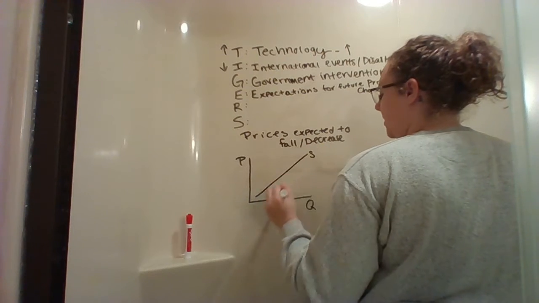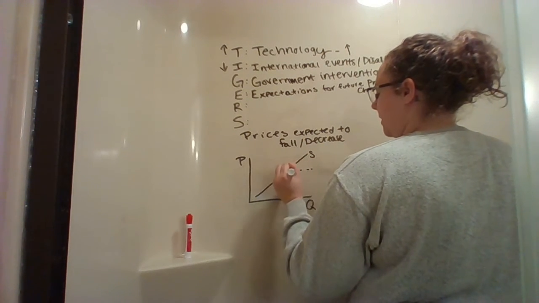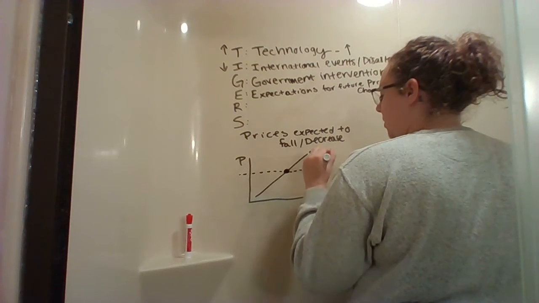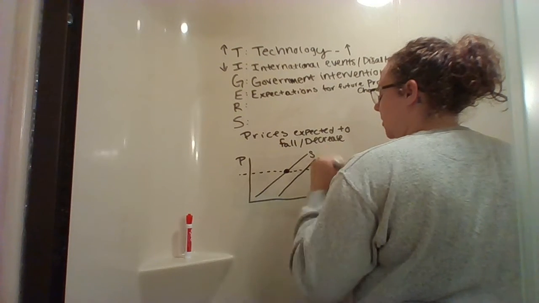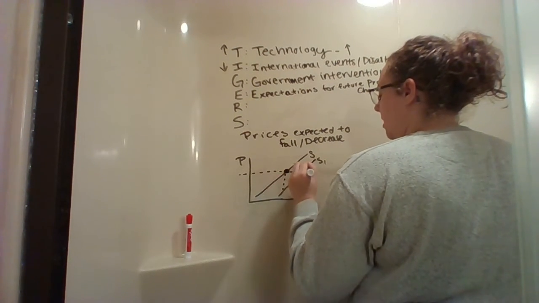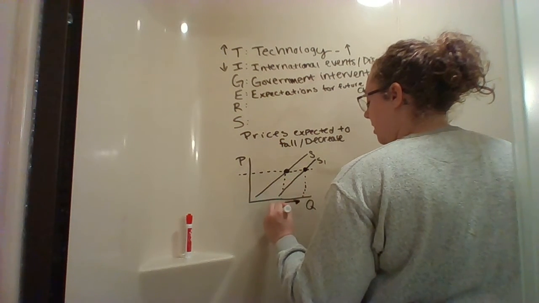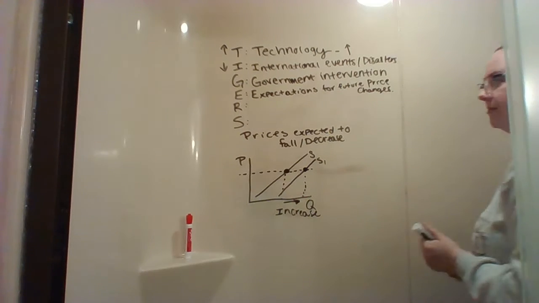So what's going to happen to supply this week? Supply this week is going to increase because as the suppliers, we want to offer more at a higher price. So if prices are expected to fall, we're going to offer more now so we can make more money. We're going to increase.